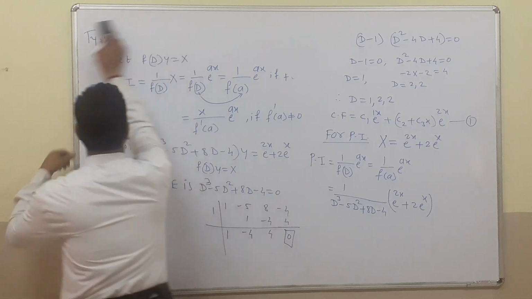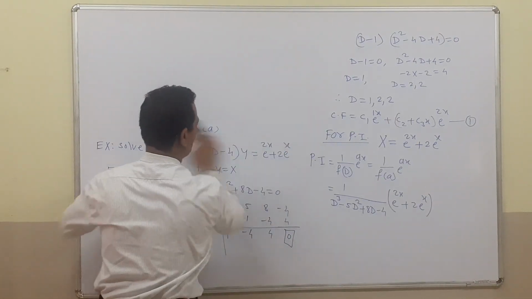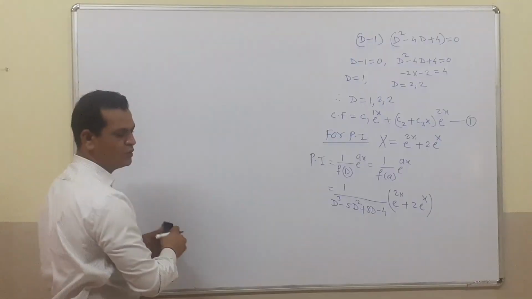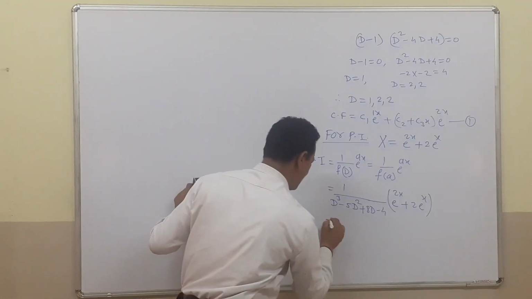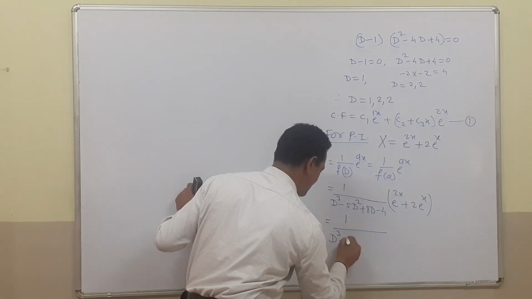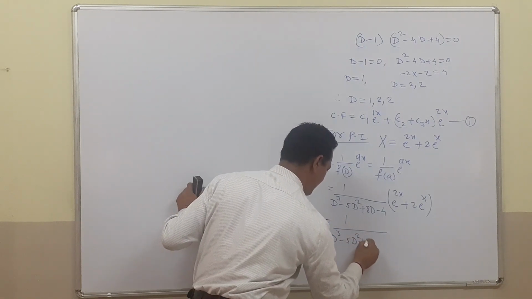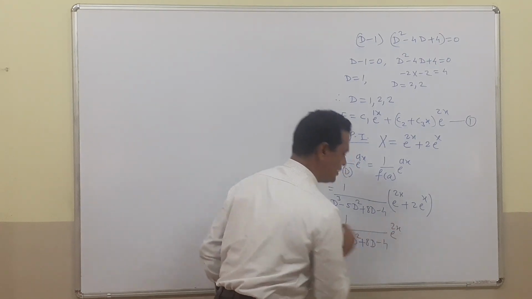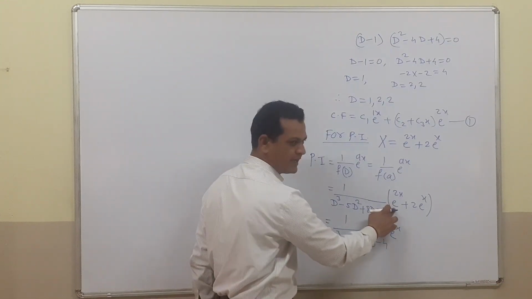Now to solve this equation, let's split the given equation into two parts. We can write this as 1 upon d cube minus 5d square plus 8d minus 4 into e raised to 2x. Write down the first term as it is.